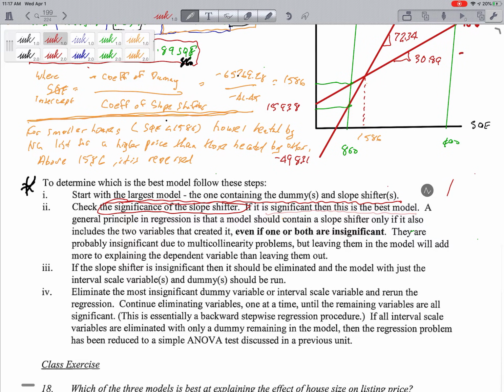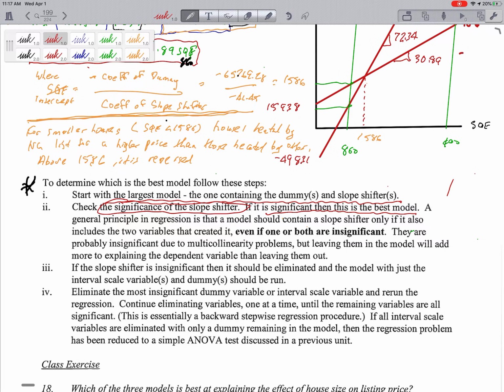It's the best model. A general principle in regression is that a model should contain a slope shifter only if it also includes the two variables that created it, even if one or both of the other ones are insignificant. And that's probably due to multicollinearity.